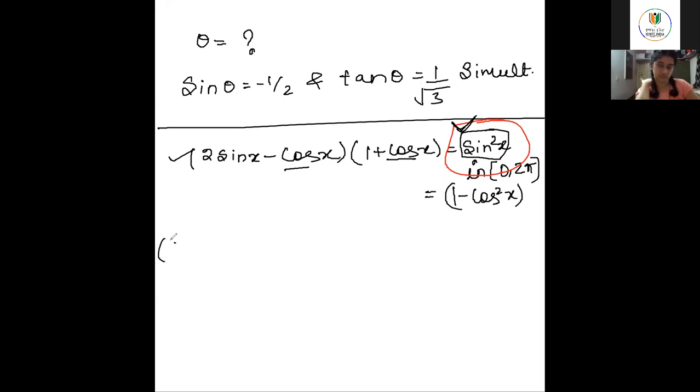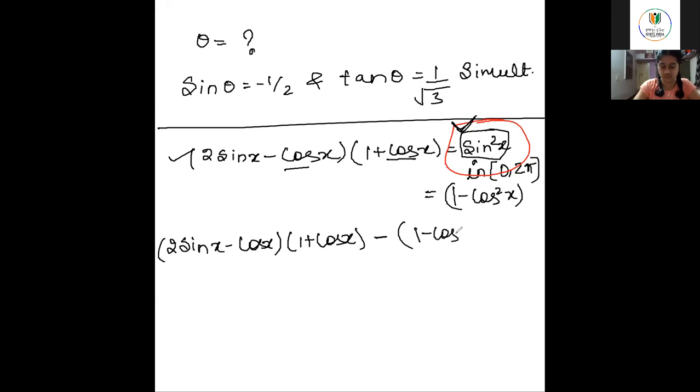If I do so, I have 2 sine x minus cos x, 1 plus cos x, minus 1 minus cos square x is equal to 0. Now, isn't this the form of a square minus b square? So I can write this as a plus b and a minus b, that is 1 plus cos x and 1 minus cos x.